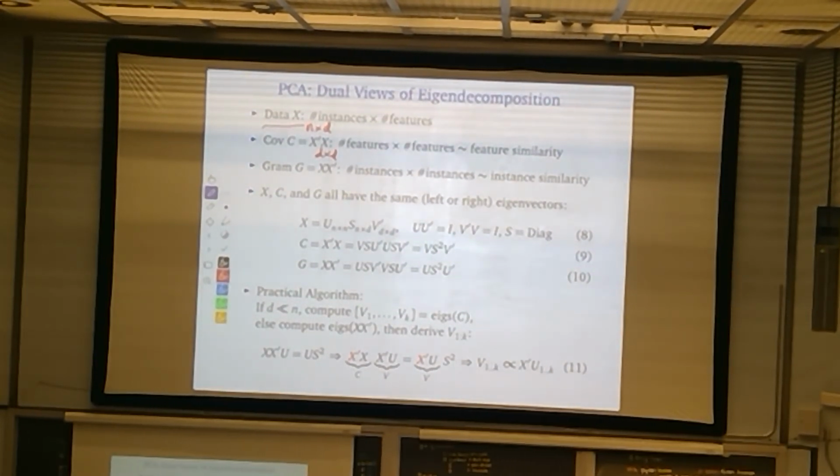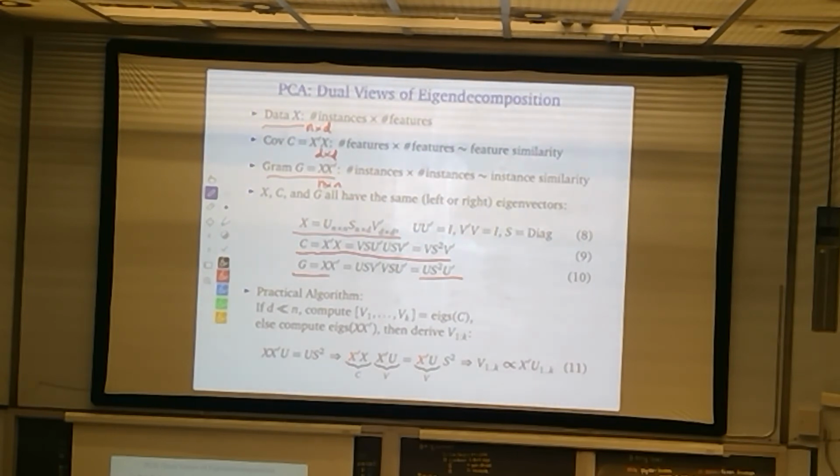The Gram matrix is n by n, instance times instance, and it encodes instance similarity. They are all related to each other, because if X equals U S V transpose, C is V S square V transpose, and G is U S square U transpose.